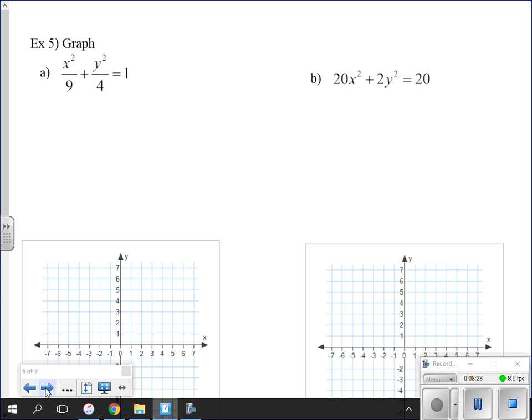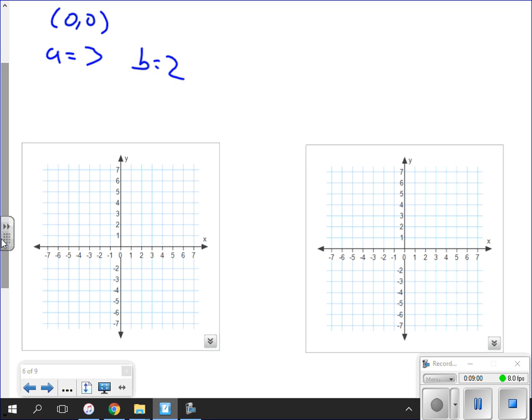Okay, graphing. Graphing isn't that hard. You got to figure out the center. Got to figure out your A. Got to figure out your B. So my center on this one is what? 0, 0. The H and K, my center is 0, 0. My A is what? 3. And my B would be 2. Square root of it, yeah.